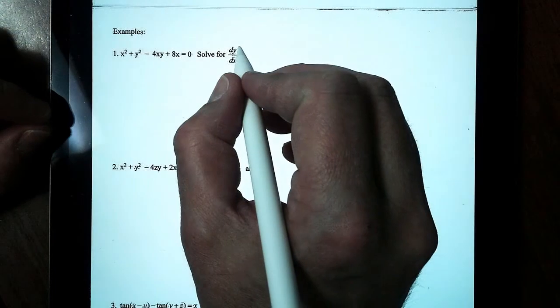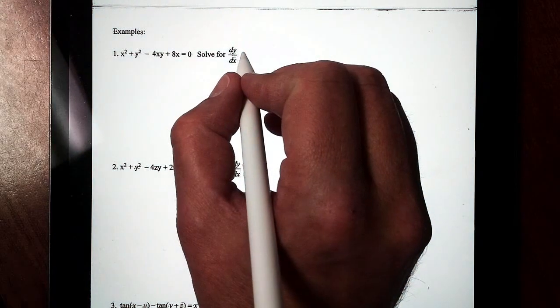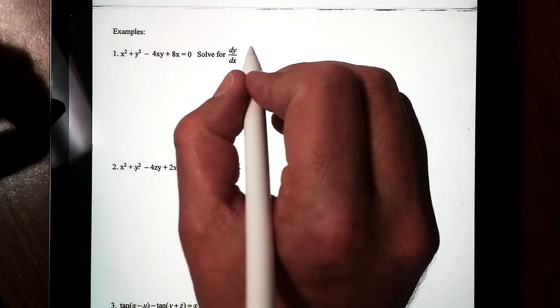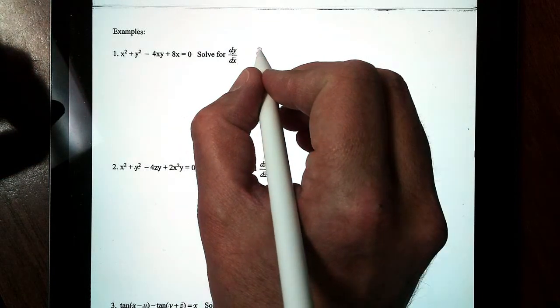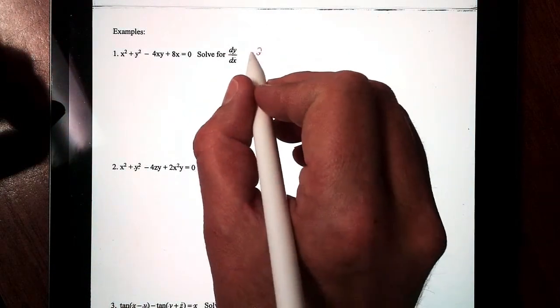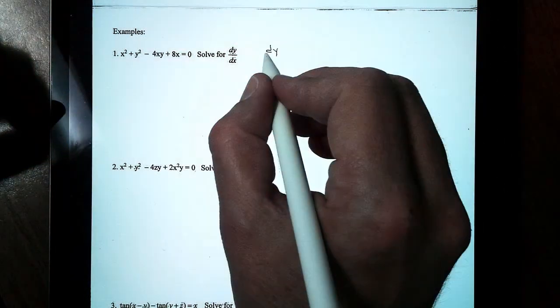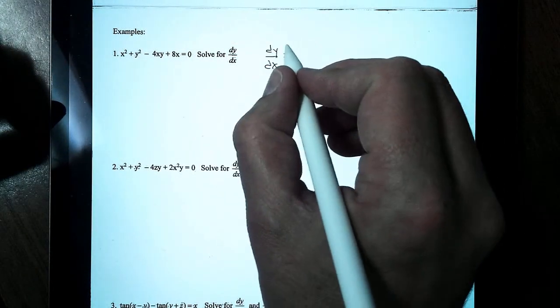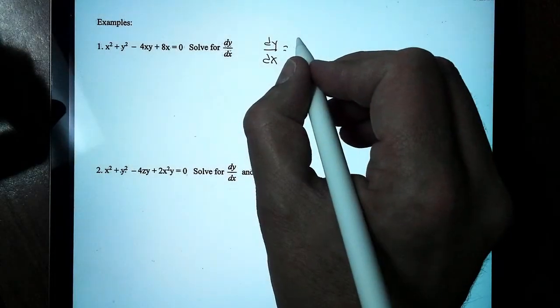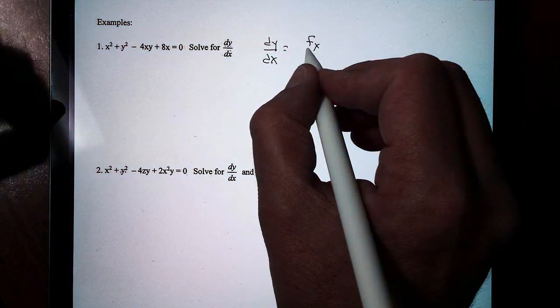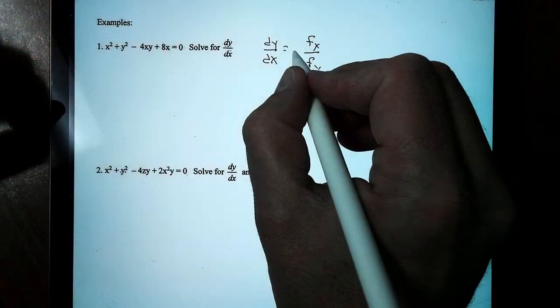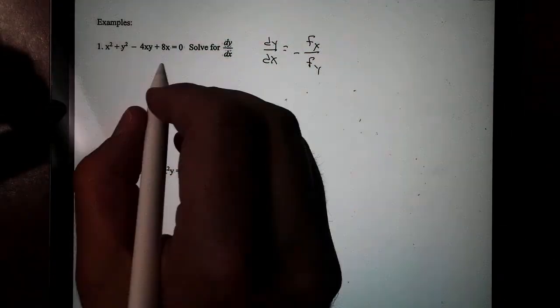And we're asked to find the partial of y with respect to x, dy/dx. Well, our rule says to get dy/dx, I'm just going to take the partial with respect to x, divide that by the partial with respect to y, and make it negative. So we're going to go ahead and find those.